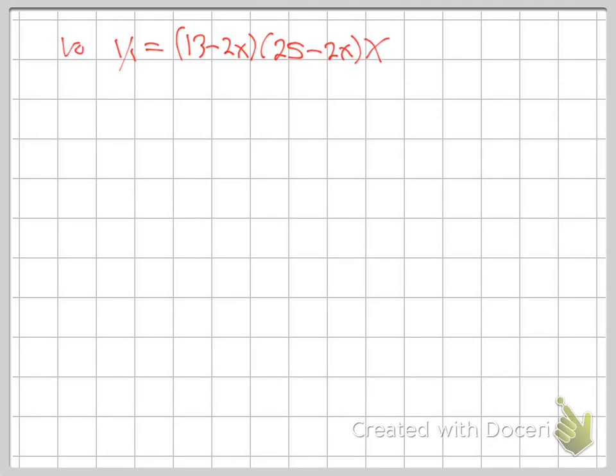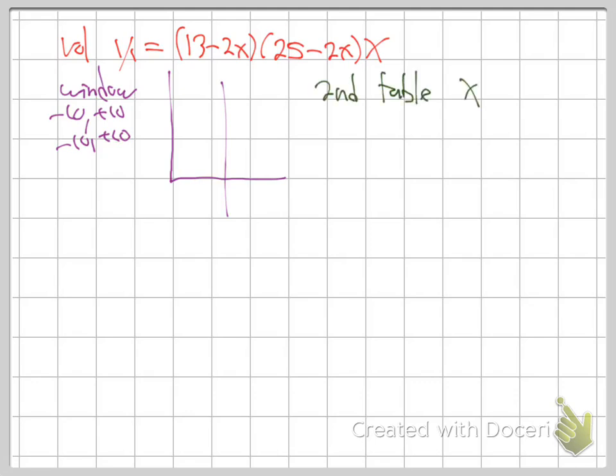So that's volume. And when I graphed it, I made my window just the normal negative 10, positive 10, negative 10, positive 10. And I got a crazy graph, just like a straight line. What do you do when you get something crazy on your screen? You go second table and take a look at the x, y values that the calculator is using.